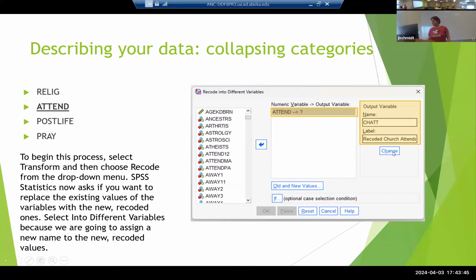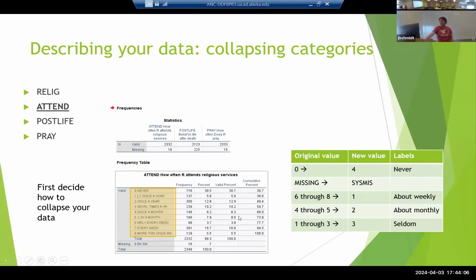To make this happen, you have to hit this change button here. Once you hit it, this changes from attend equals a question mark to attend equals CHATT, whatever your name is here. So you fill this out, you hit change, then you go to old and new values. And this is where you do your recoding.